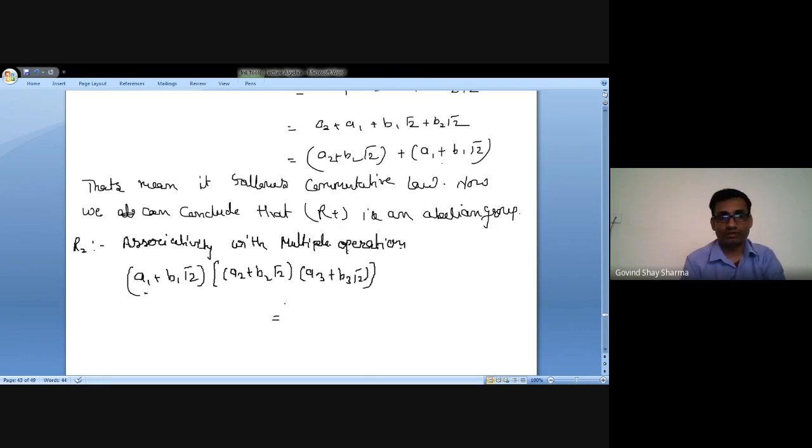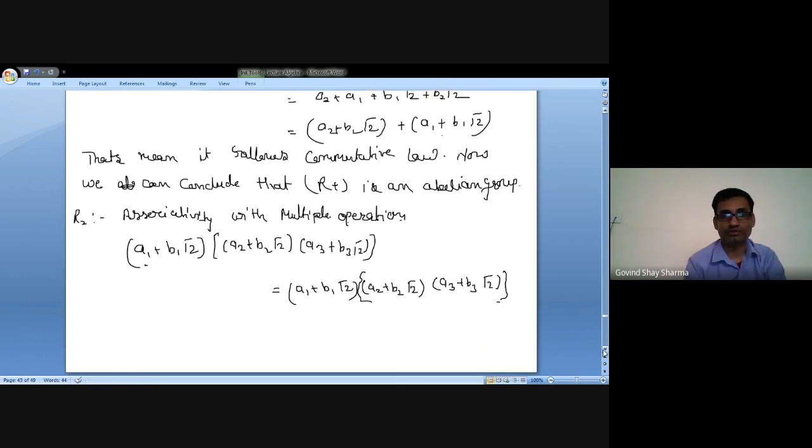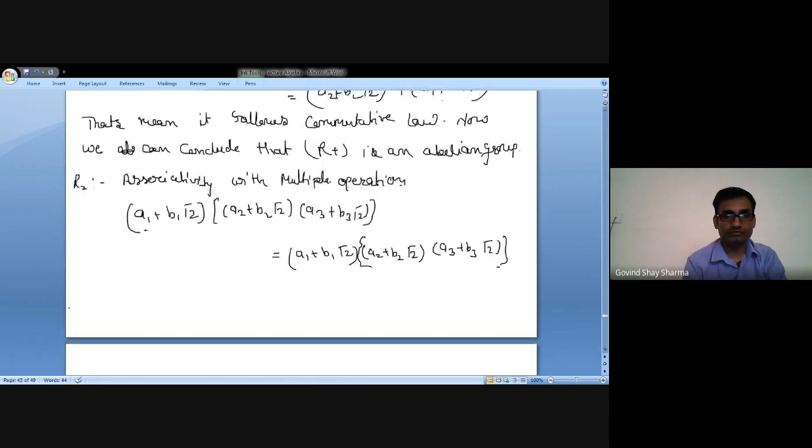So we find A1 plus B1 root 2, A2 plus B2 root 2. This satisfies the associative property of multiplication.